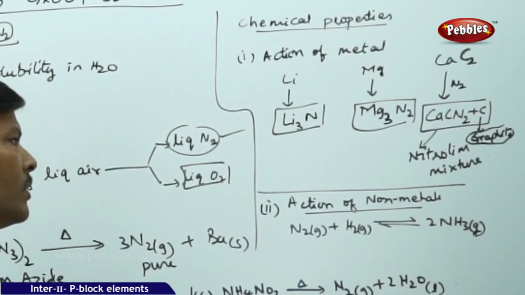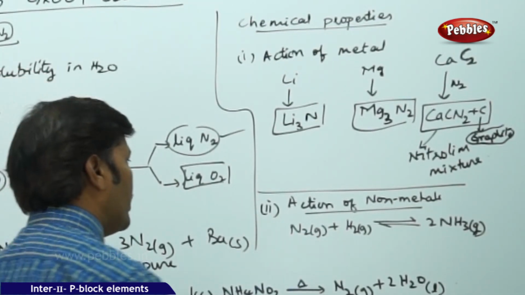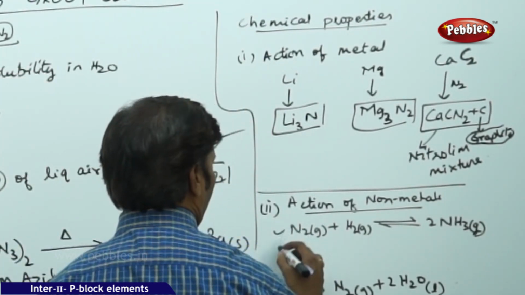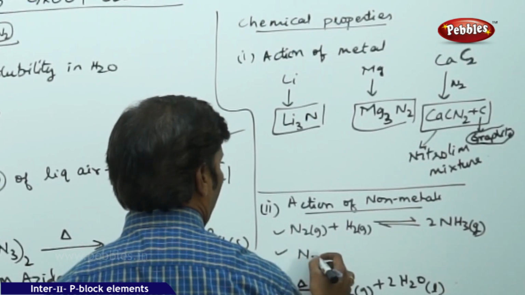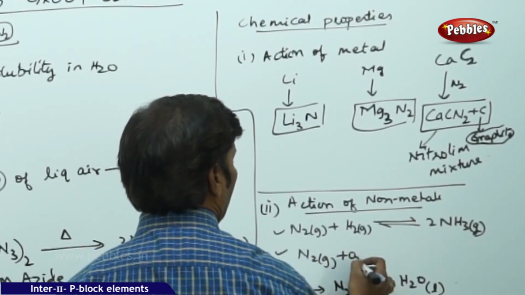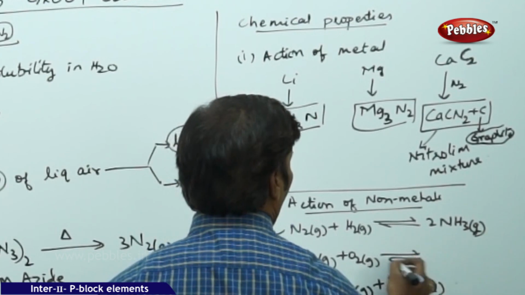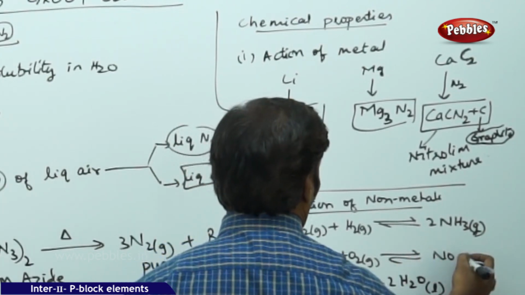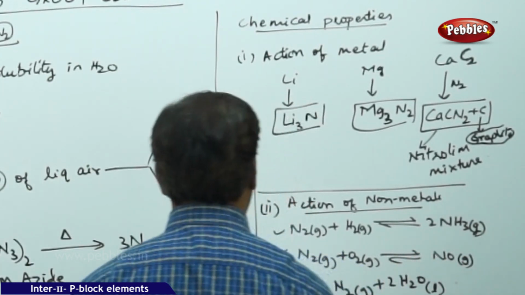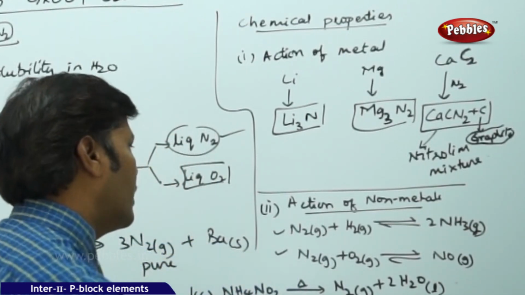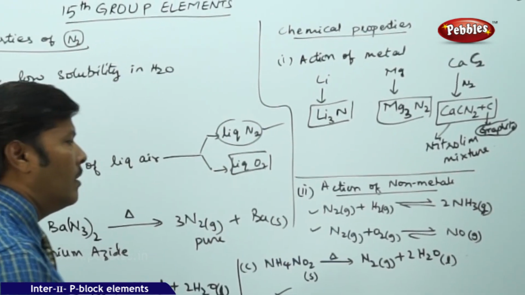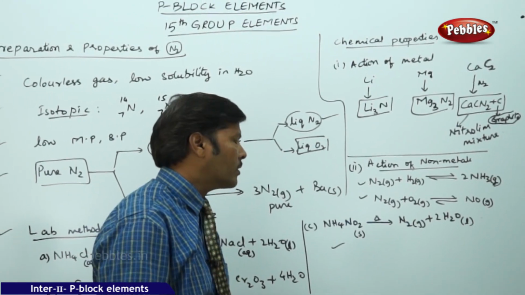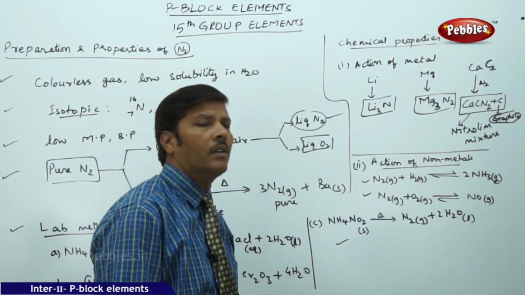Under the optimum conditions of pressure and temperature, the reaction is exothermic, and we get 2 moles of ammonia. Then nitrogen readily reacts with oxygen at certain temperature to give nitric oxide gas. Likewise, nitrogen can react with other non-metals also, like oxygen and hydrogen, and give different compounds.